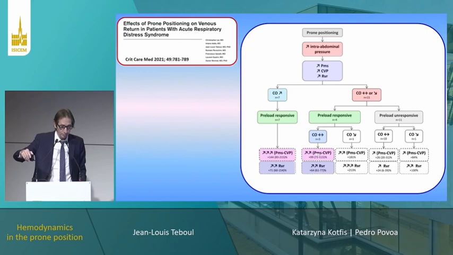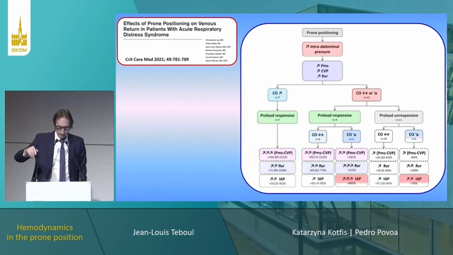This is what we observed here, a huge increase in the resistance to venous return, in particular in that patient who decreased cardiac output. Look at the huge increase, more than 200% of the resistance to venous return. And this happens when intra-abdominal pressure increases a lot.